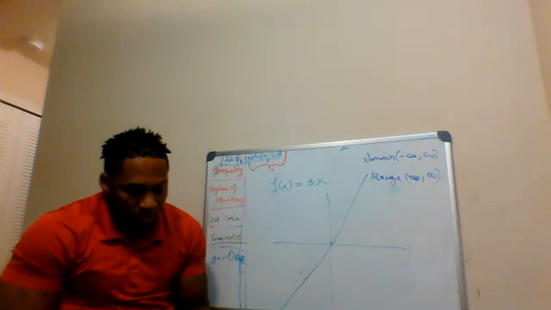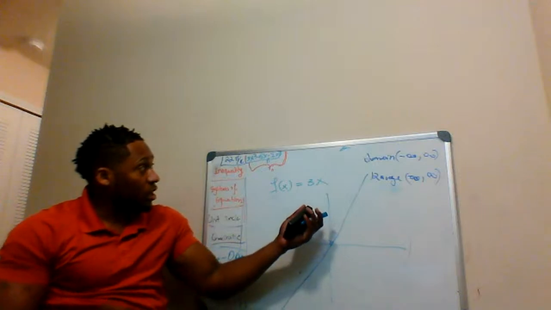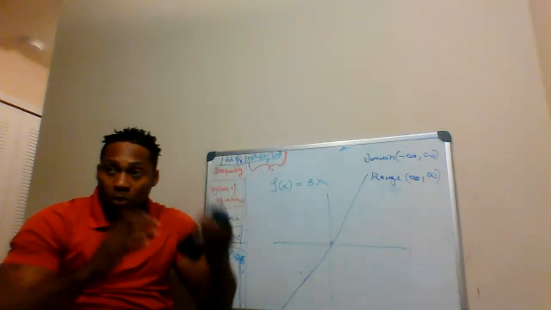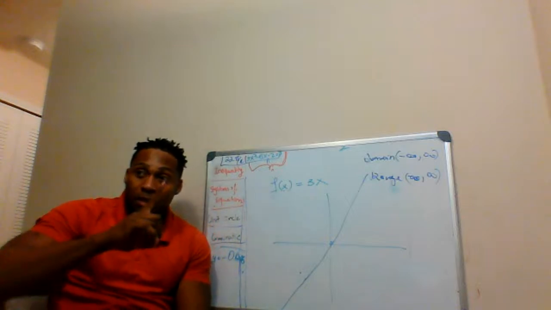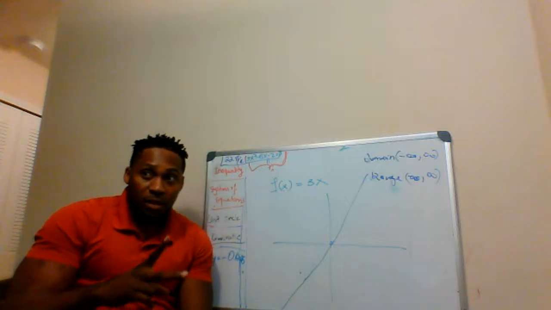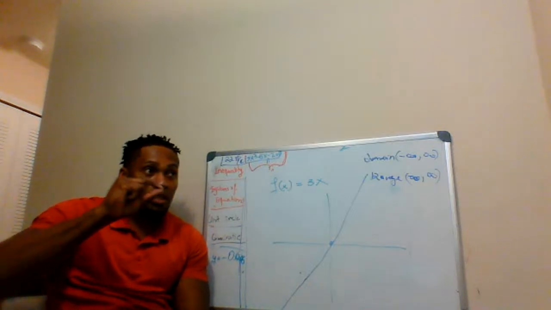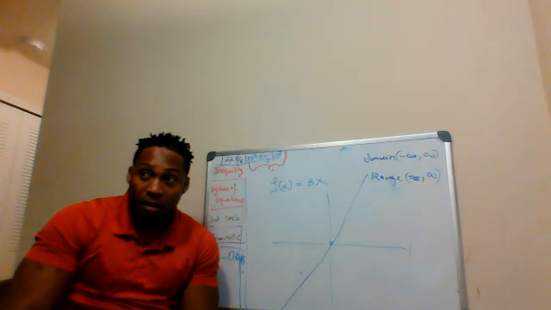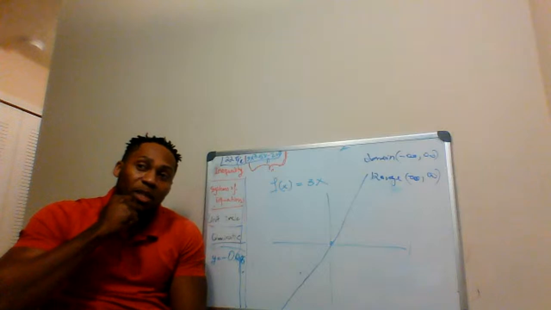Now, domains are rules. The rules you need to remember are just like the question we just solved earlier. No zeros in the denominator. That's one. The second one you need to remember is no negative values underneath the square root.